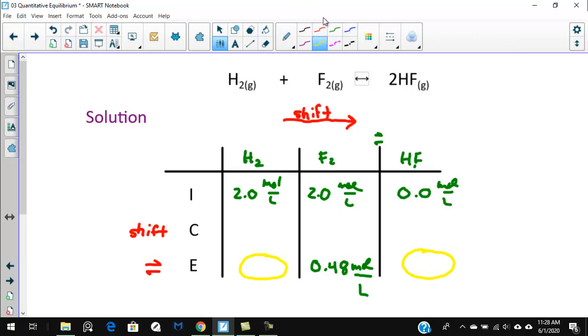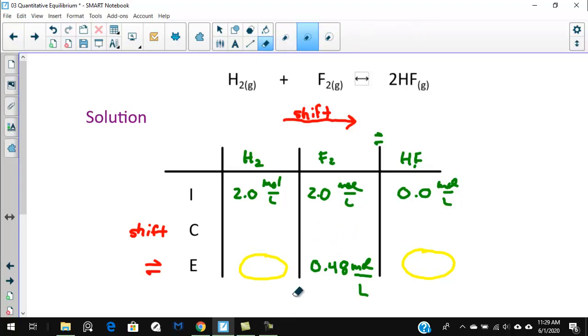So what we can do here is we can back up and we can take a look at this reaction here. And we realize that if we ended up with 0.48 moles per liter, then this had to be 2 moles per liter, the change, and then you had to subtract something, right? So that must have gone down. So we must have subtracted something or used up some of the 2 moles per liter. Question is how much?